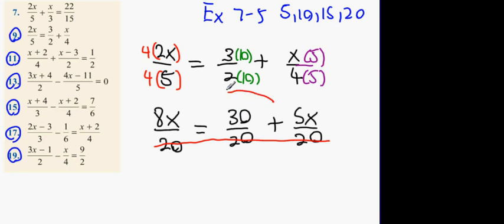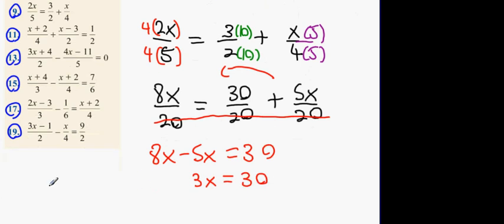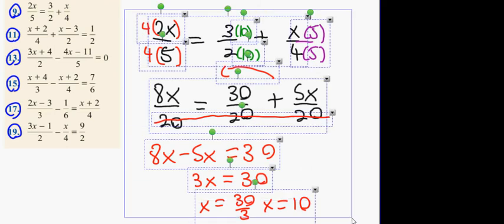Bring the 5x over the other side, and what happens to it? 8x minus 5x equals 30. And now we're going to get 3x equals 30. And then x equals 30 divided by 3. x equals 10. Okay guys, so look, that is your first question.